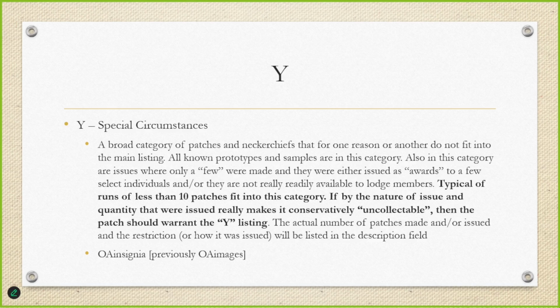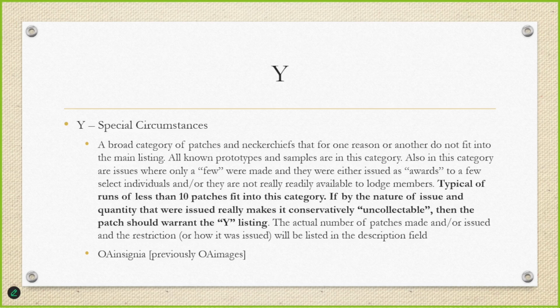So once again, we're still in the same problem we were in with the 5th edition definition, which is that also in this category are issues where only a few were made and were either issued as awards to a few select individuals and/or they were not really readily available to the lodge members.